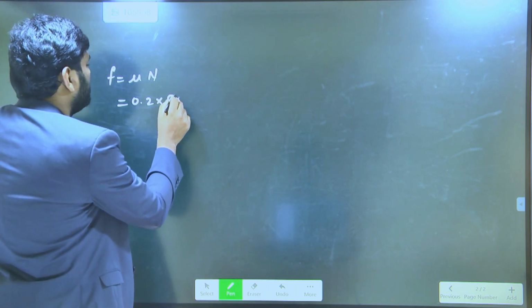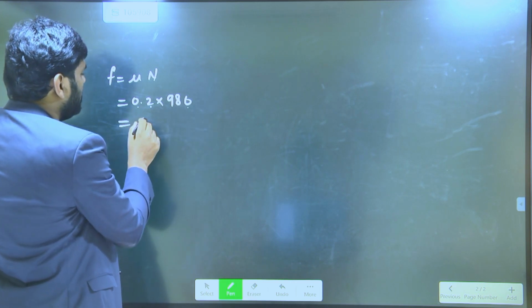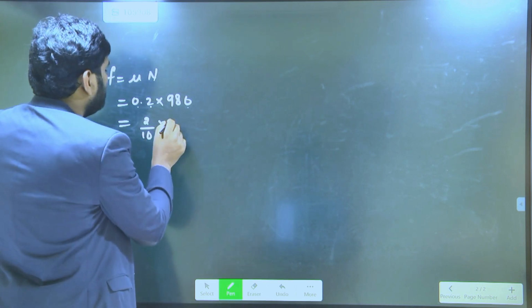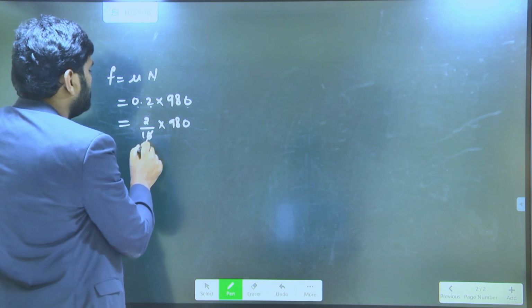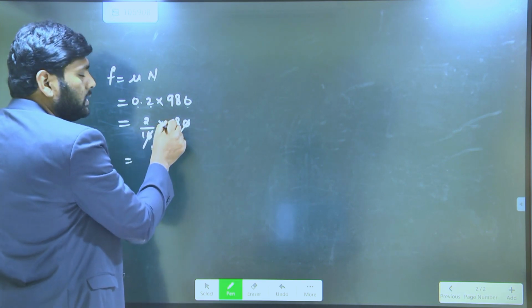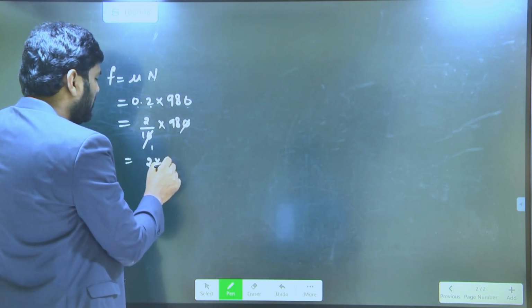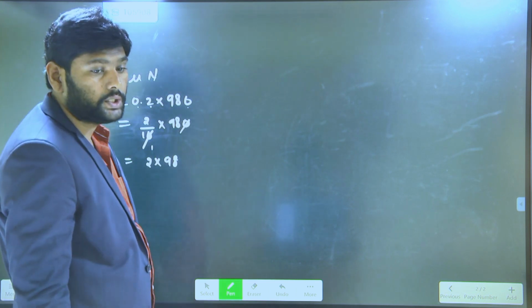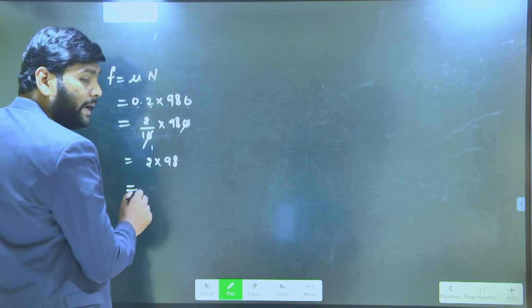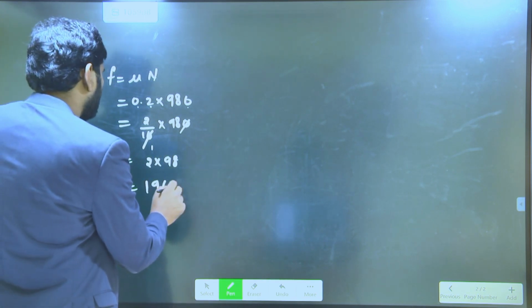So finally 0.2 you can write as 2 by 10, into 980. The zero gets cancelled, so 2 into 98 is 196. So 196 newtons.